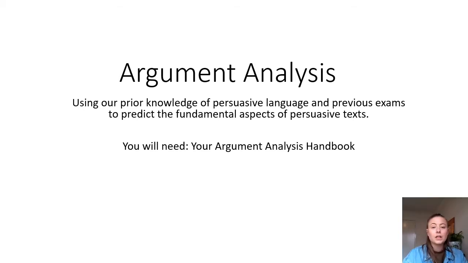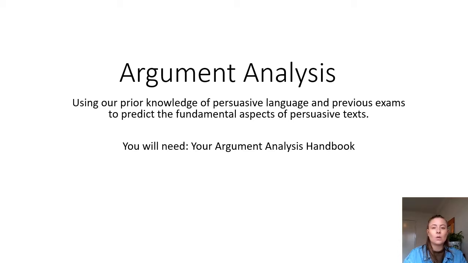So essentially, I'm going to provide you with the context of a persuasive piece, the text type, and the author, and we're going to look at them and make predictions about what the contention could possibly be, what type of language the author would use, who the audience is likely to be.